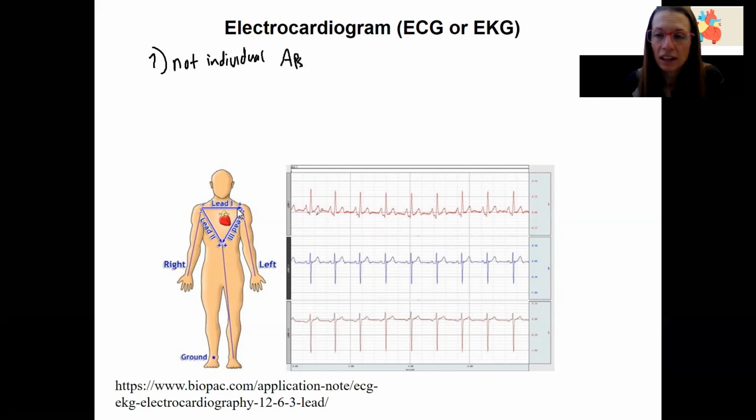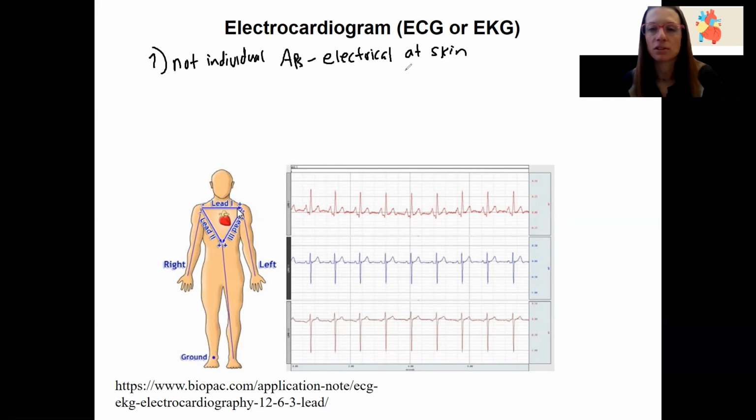These kind of look like depolarization, repolarization across a membrane, but it's not. This is electrical activity at the skin across the heart muscle. So it's a summation of electrical activities in the heart, not individual action potentials.